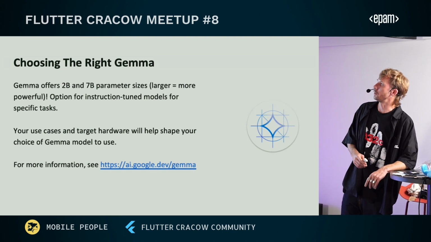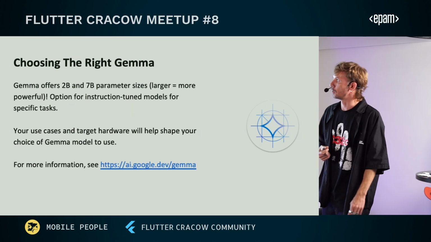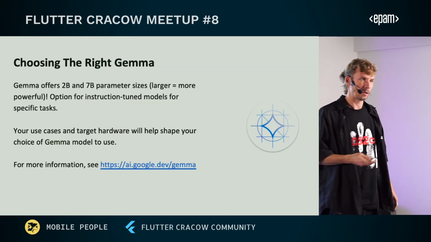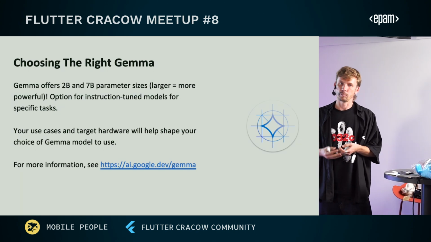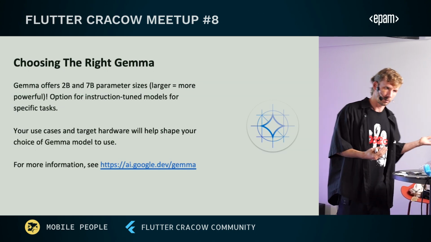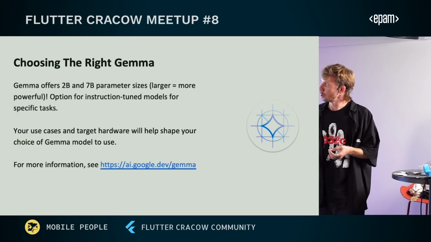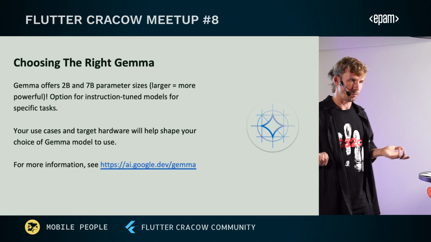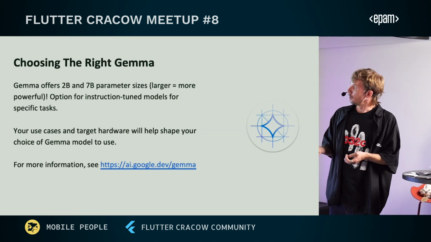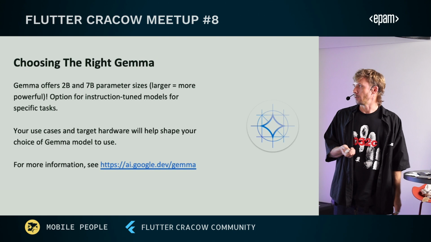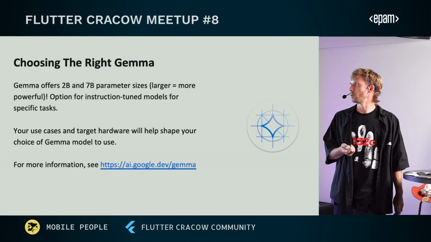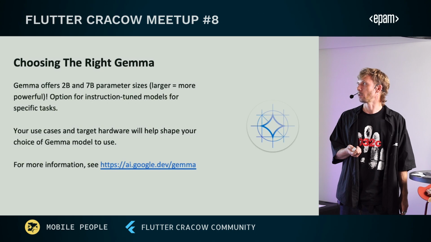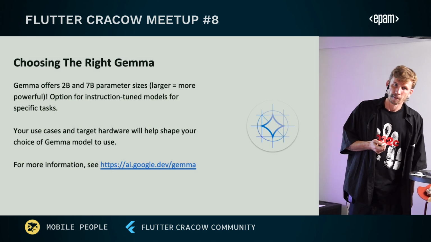There are different types of Gemma, 2 billion and 7 billion parameters. They differ by size, of course. The 7 billion parameter Gemma is more powerful. The size of 2 billion is about 1.5 gigabytes. For 7 billion, I don't exactly remember, about 5 gigabytes.